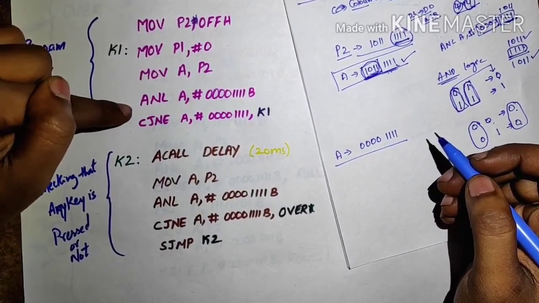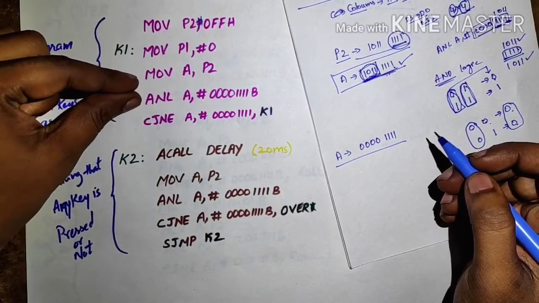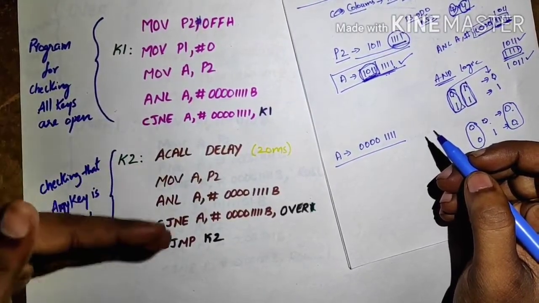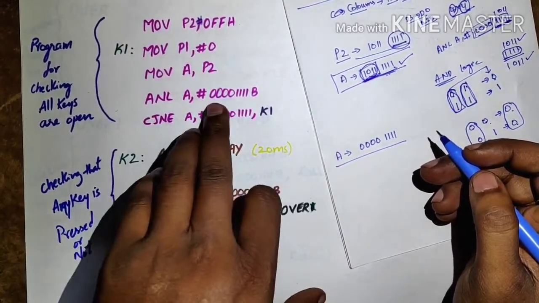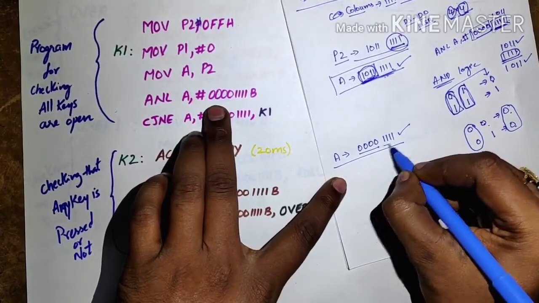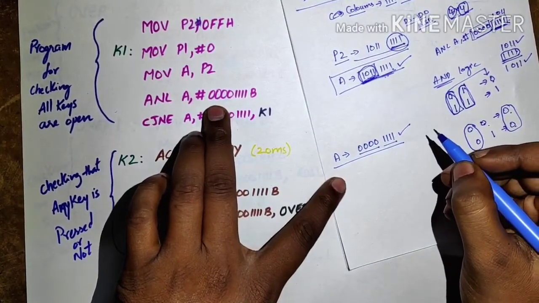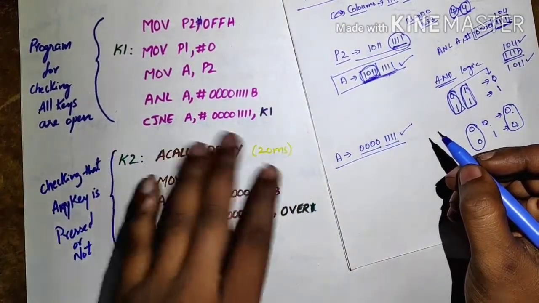If you understand it here itself, it will be easier for the further program. So we have successfully masked the MSB bits and kept only the LSB bits.